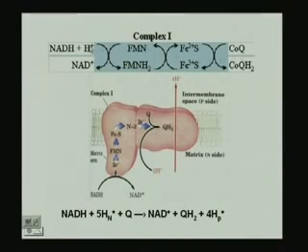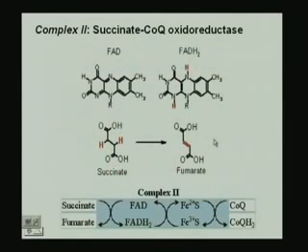So, we have one reaction that has now transferred some protons. Complex 2 does not transfer any protons. This is one example that I think I mentioned when we did FAD and FADH2. In the use of FAD and FADH2, succinate goes to fumarate. So, we have a double bond formation here.